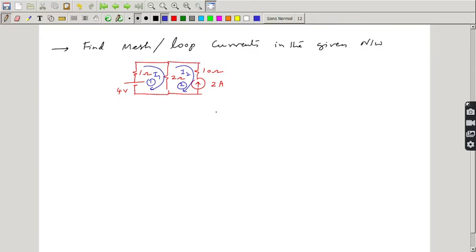After that, I can develop the KVL equation for each loop or mesh. Apply KVL in loop 1.